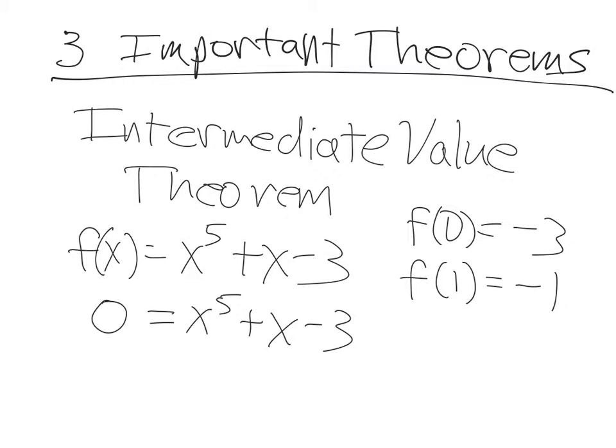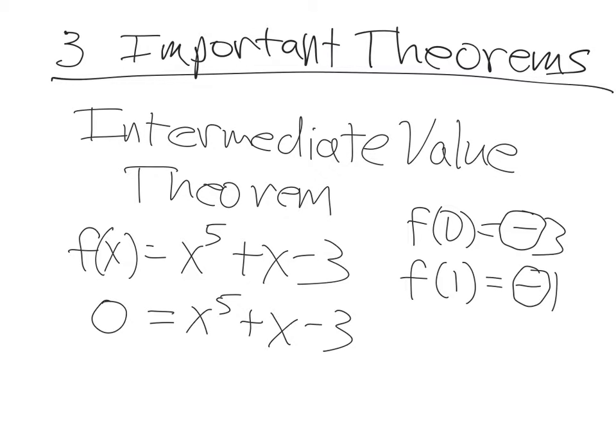Now, the intermediate value theorem would not be able to tell us there's a solution between 0 and 1, because why? Both function values are negative.